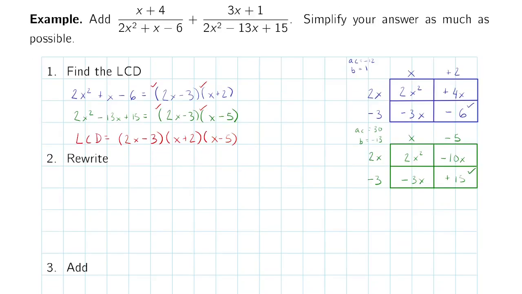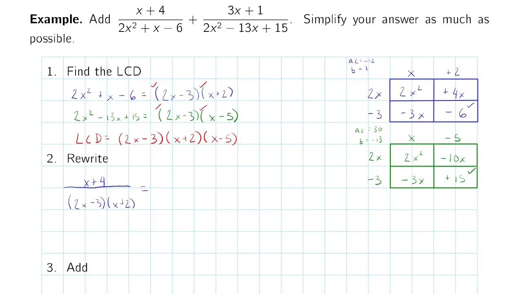Next, we want to rewrite the given fractions with that denominator. So my first fraction, I have x plus 4 over, here I'm going to write its denominator in factored form, 2x minus 3 times x plus 2.